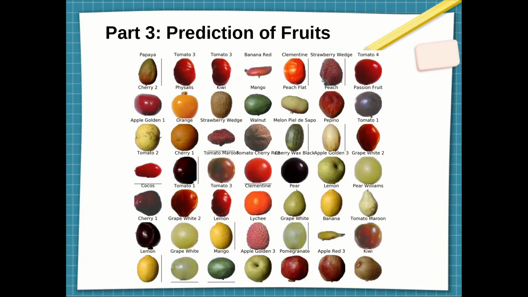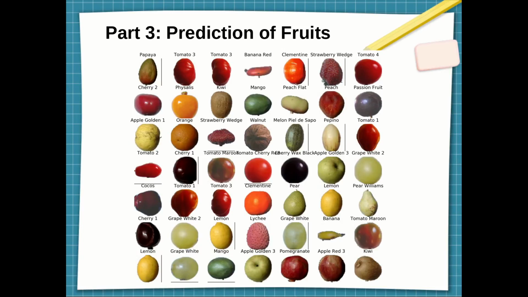For example, the top left is a papaya, and indeed the label above says papaya. If we move to the next fruit, that is a tomato, and indeed the label is tomato 3. It's a different kind of tomato. We have 3 kinds of tomato in my dataset. If we look closely, all the fruits are correctly being predicted. And that's it for part 3.